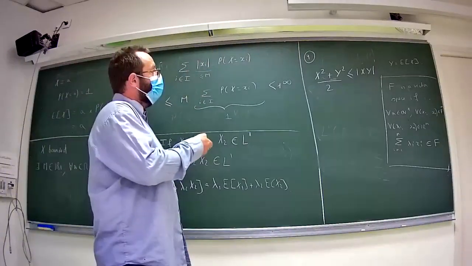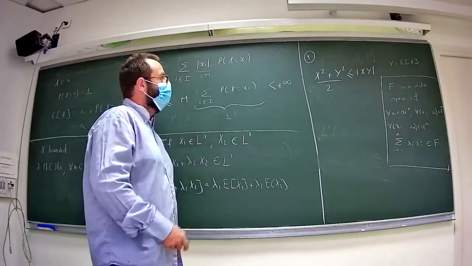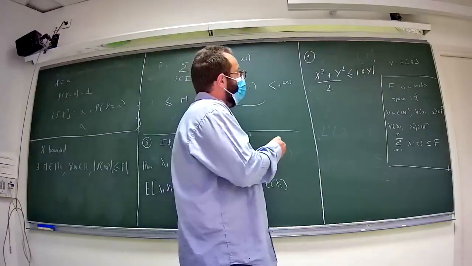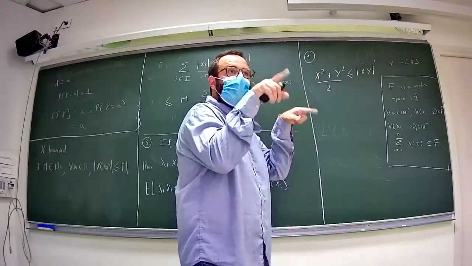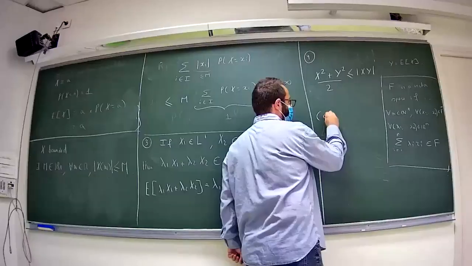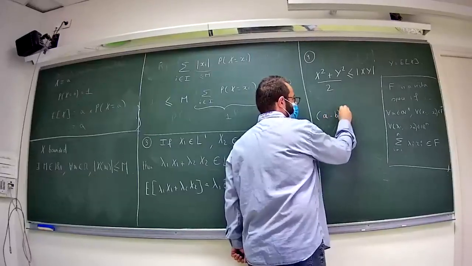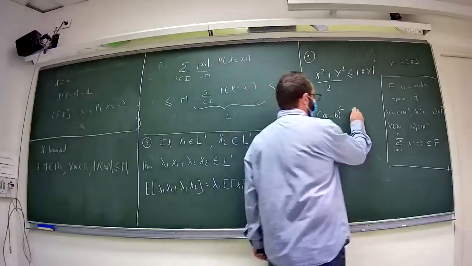So what I have here, I have this square and I have this product here. If I put this one here, I have a minus. So that's why I say to you that it's not the square of the sum that you have to consider, but I have this (a minus b) square. That is, of course, something that is positive because it is a square.